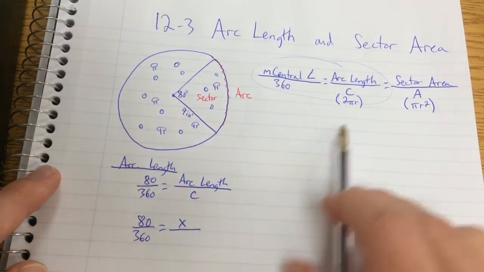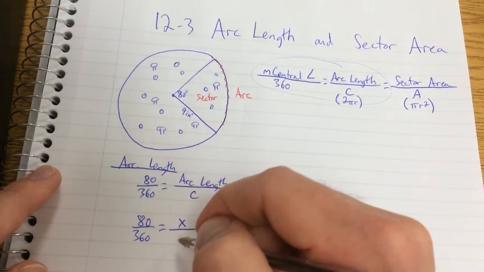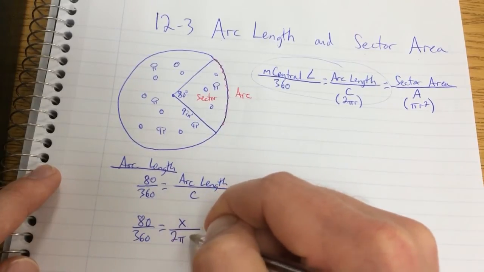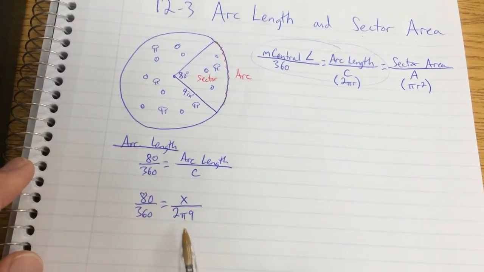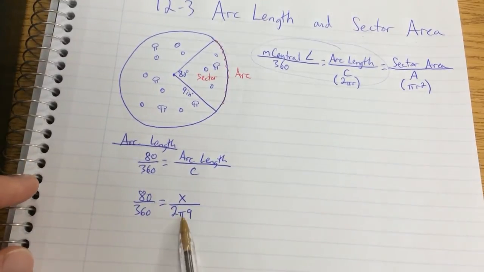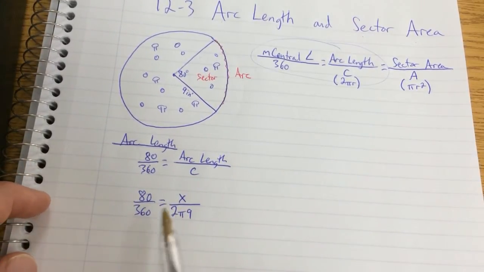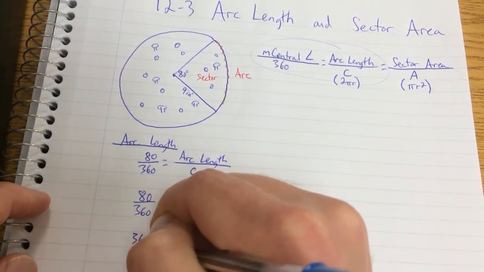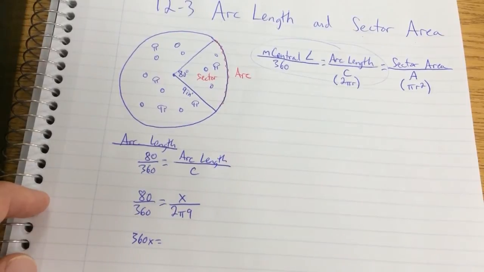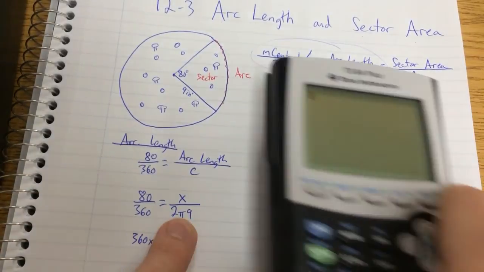I know my circumference, 2 pi r, 2 pi times the radius, so 2 pi times 9. All right, so here's something I'm going to do. I'm going to find my answer in terms of pi, which means I'm not going to multiply pi into my answer. When I cross multiply, 360 times x, and then I'm going to do 80 times 2 times 9.